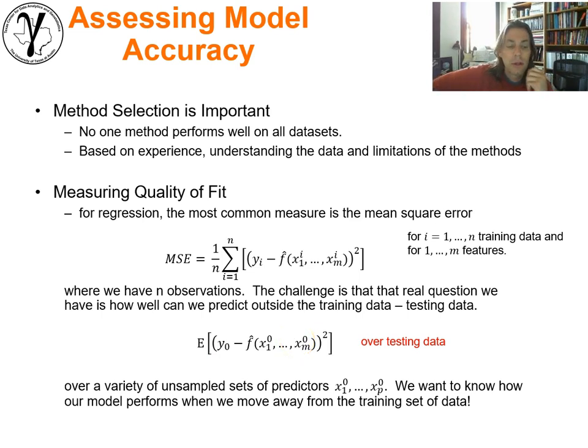We are more concerned about the performance of our model at unsampled locations, and that's why we show it as an expectation. Now we want to know how our model performs as we move away from the training data, because that's what we're going to do in practice. That's how we're going to add value with our model. So we will call this the error or the average squared error, mean squared error in testing.